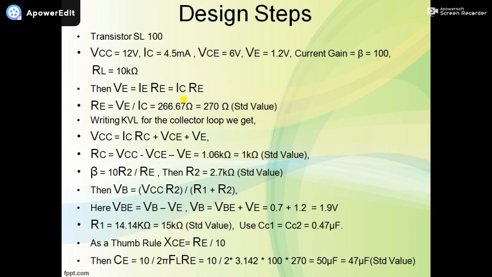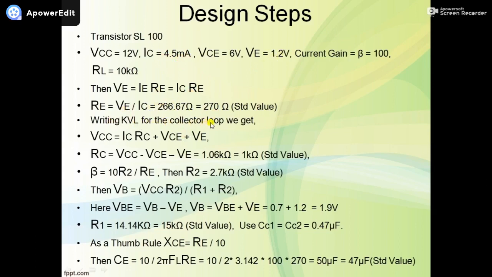If IB is neglected because it is a very low value, measured in microampere, then IC is nearly equal to IE. From this equation we can calculate the emitter resistor RE, that is VE by IC. So we select one standard value for this RE, that is 270 ohm. Here VE is 1.2 and IC is 4.5 milliampere.